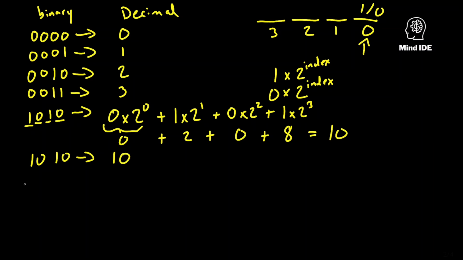And you can do that for any binary number that you want to do here. So we could go index 0, 1, 2, and 3.